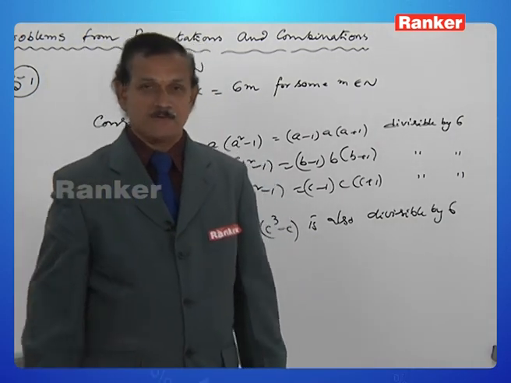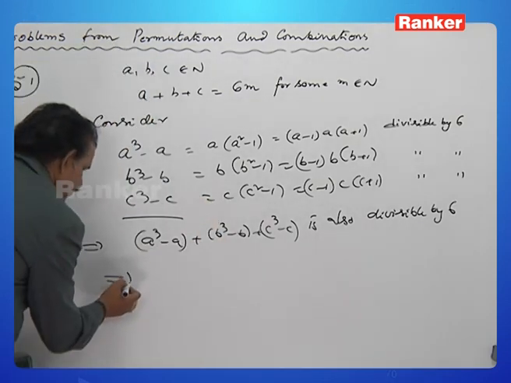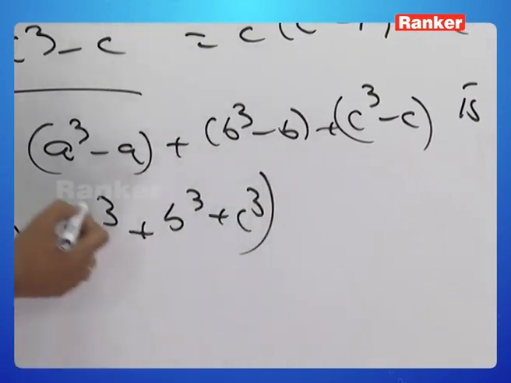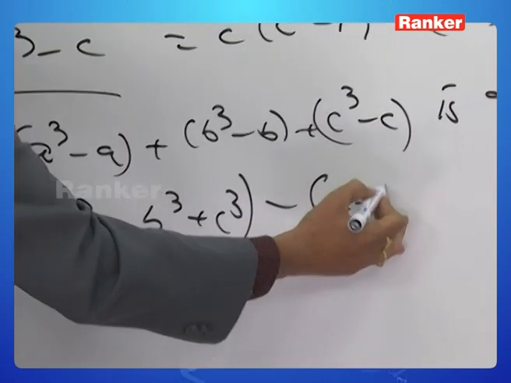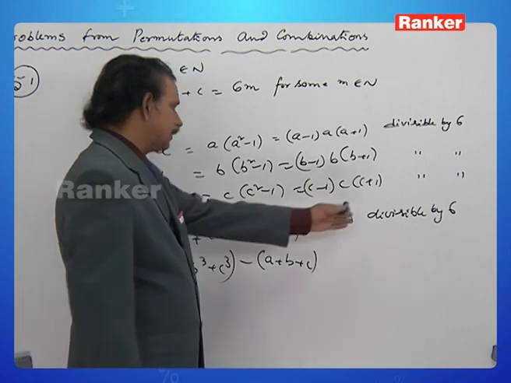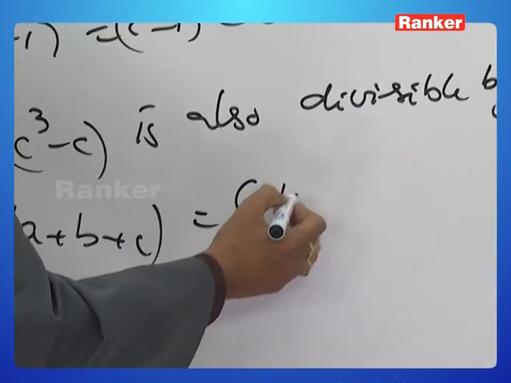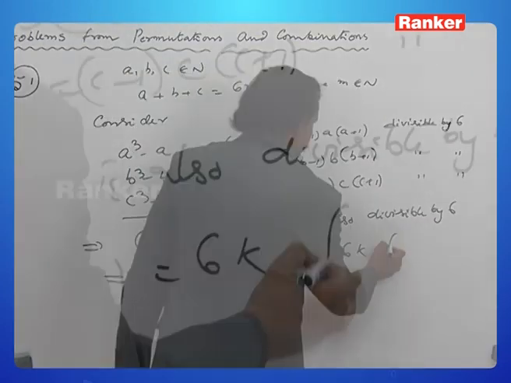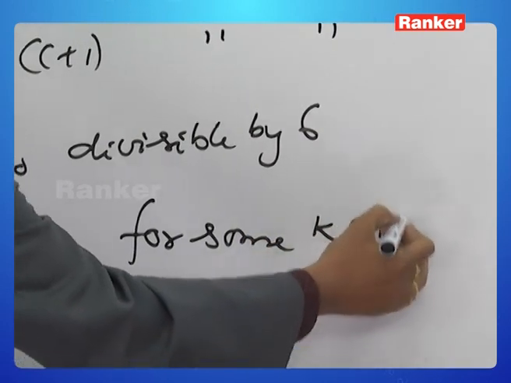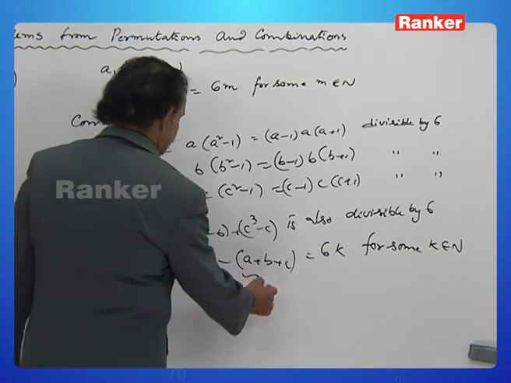Let us now approach the required one. This sum can again be taken as A cube plus B cube plus C cube minus of A plus B plus C. As we have got the result, this entire thing is divisible by 6. Therefore, this is equal to, I like to say, some 6k for some k belongs to N. You see, what is the fate of A plus B plus C?